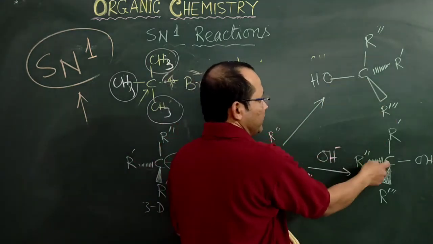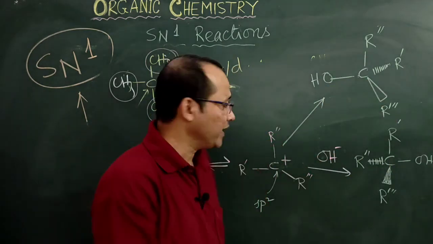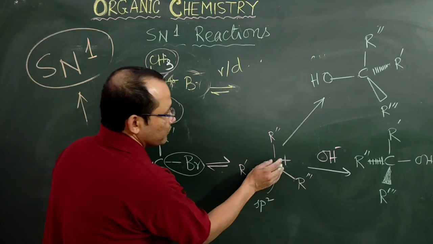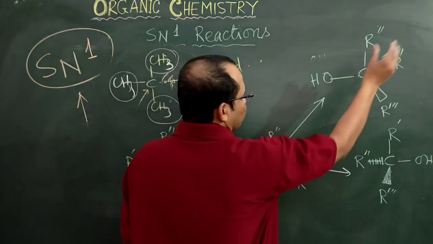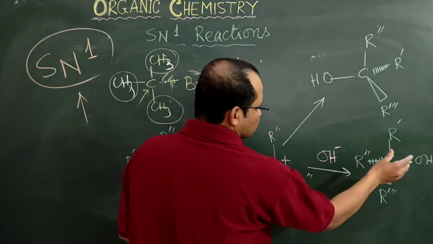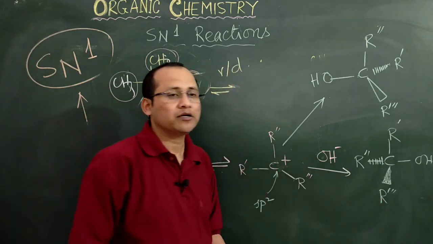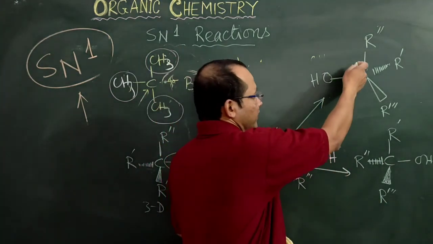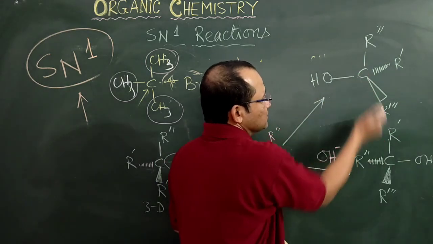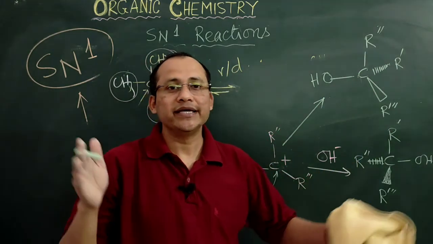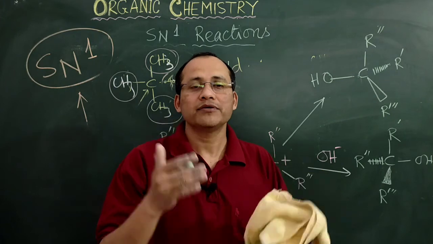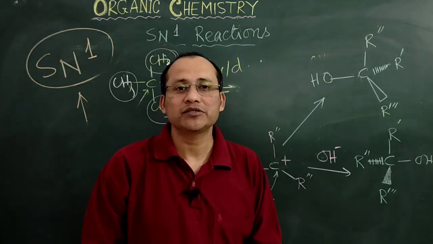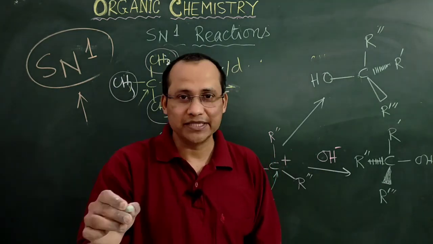So this one and this one are enantiomers, and the possibility of formation of this product and the possibility of formation of this product will be exactly the same.